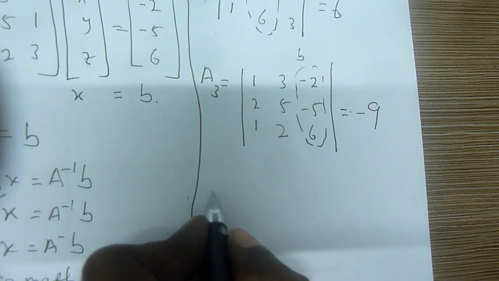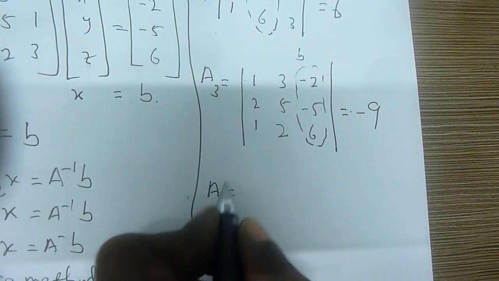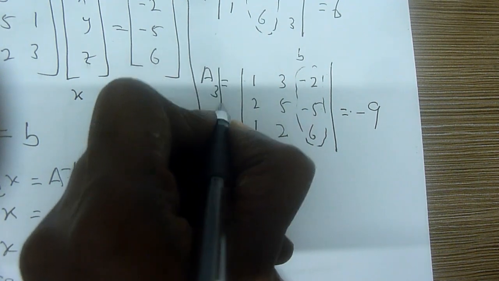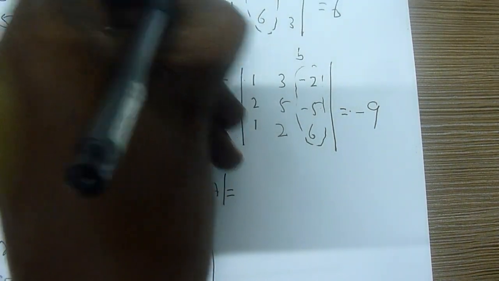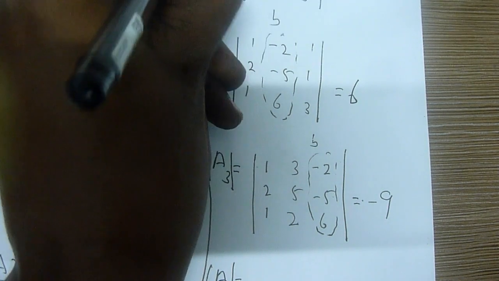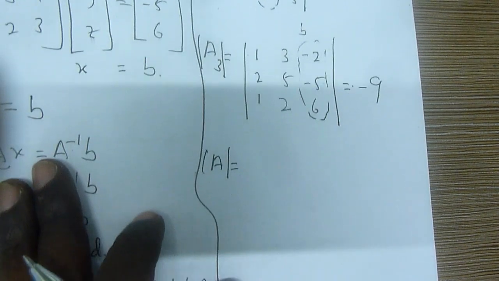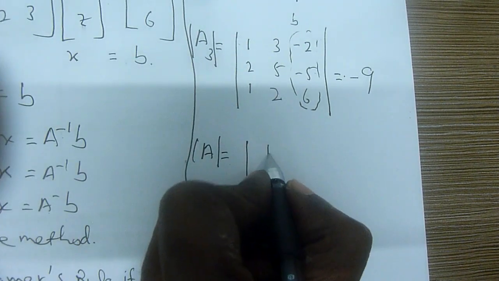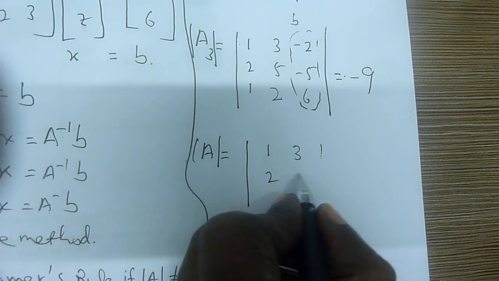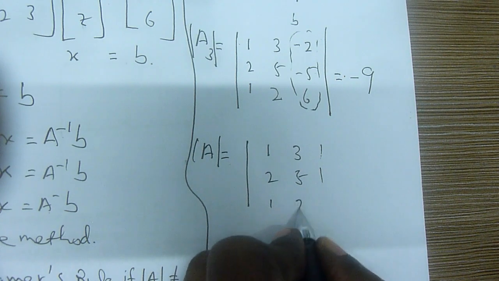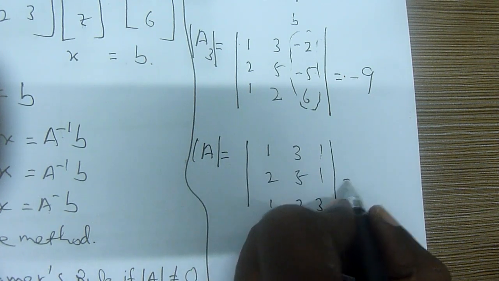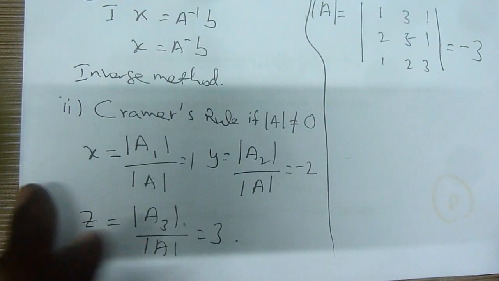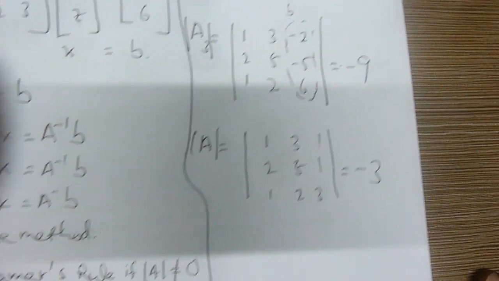Then you need to find A. Sorry. Anyway, remember, this is all you need to find the determinant. In order to find the determinant again, you continue with 1 3 1 2 5 1 1 2 3. Then you get -3. When you try to solve, you get the solution of this. Am I fast?